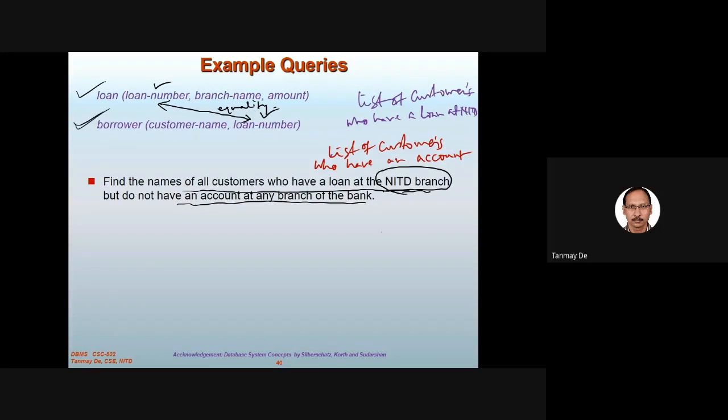This is one list, and this is another list. This list consists of customers who have a loan at the NIT Durgapur branch, and this one is the list of customers who have an account. So how do we get this?